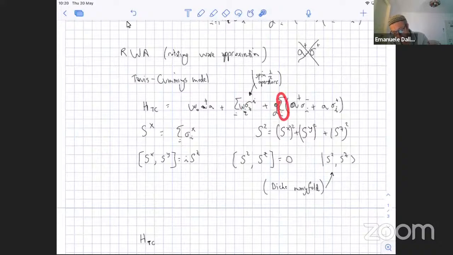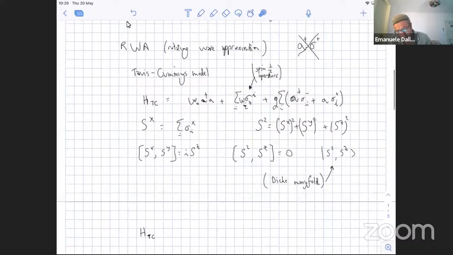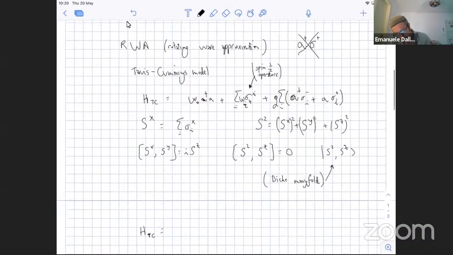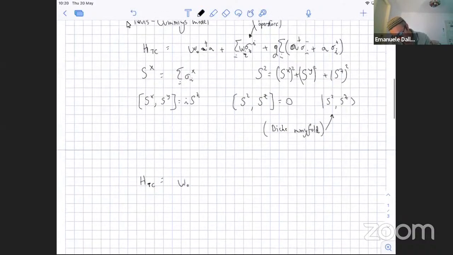Also, the sigma operators always come as a sum of them, a sum over i of sigma minus i with sigma plus i. So you can rewrite the Hamiltonian as omega 0 a dagger a plus omega z S z plus g times S plus a plus S minus a dagger.